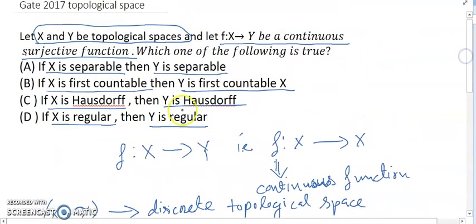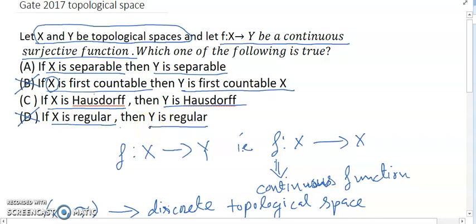So friends, according to the question, X is first countable, then Y is first countable. This portion is wrong. Why? When X is discrete topology, the co-countable topology is not first countable. And X is regular, then Y is regular.